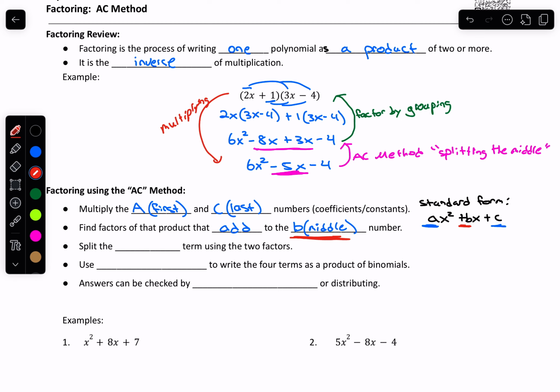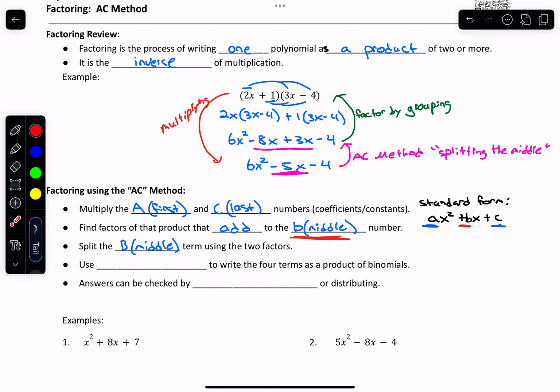And that really is the only thing new here. So once we find the two numbers that multiply to give us a times c and add to give us the b number, then we just go ahead and we split the middle term. So we split the b, or the middle term, using the two factors.